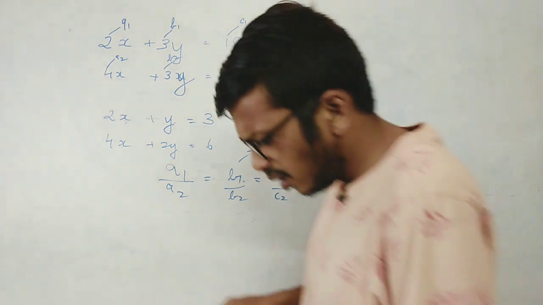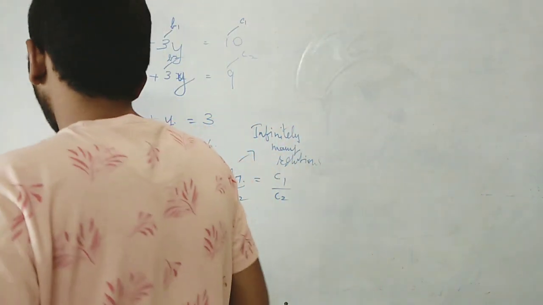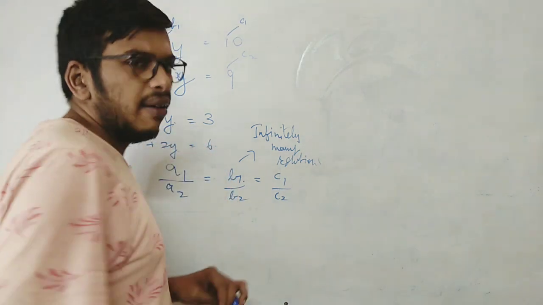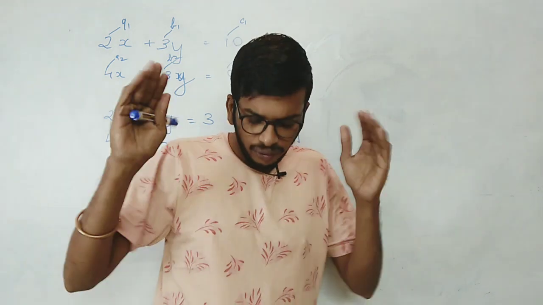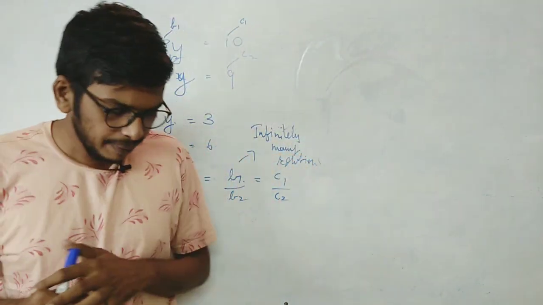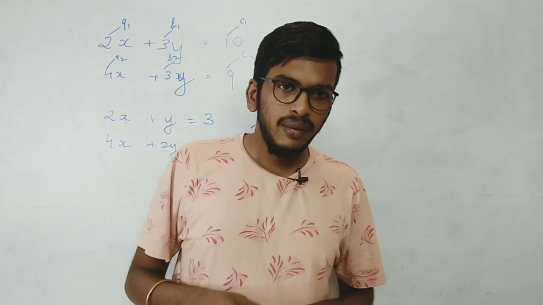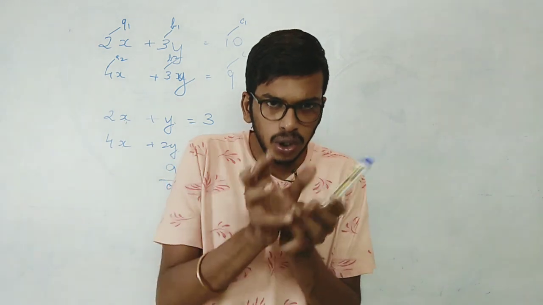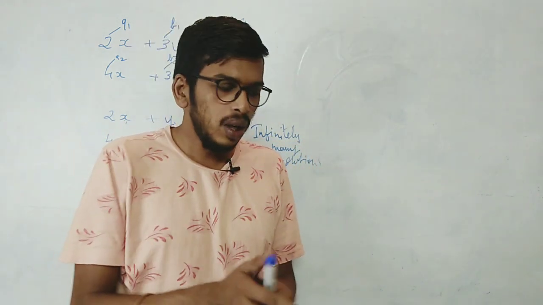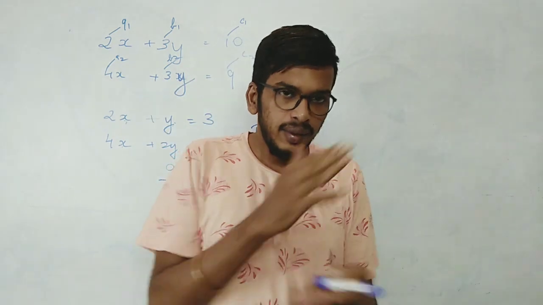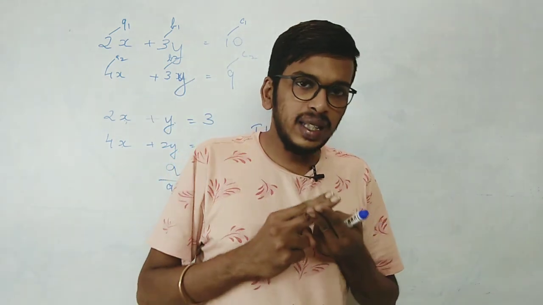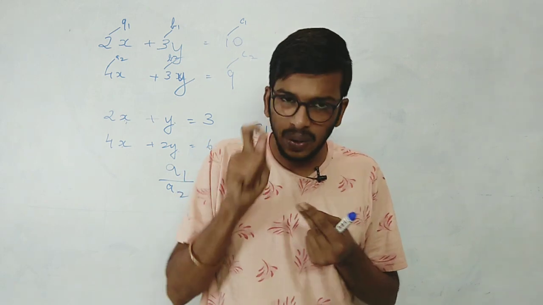This is what it means for infinitely many solutions. Now what does it mean for no solutions? When will we get no solution for a given pair of linear equations? In the graphical method, we see if the lines intersect, right? We draw the graph, and whenever they intersect, that is when we can say that the pair of linear equations has a solution.